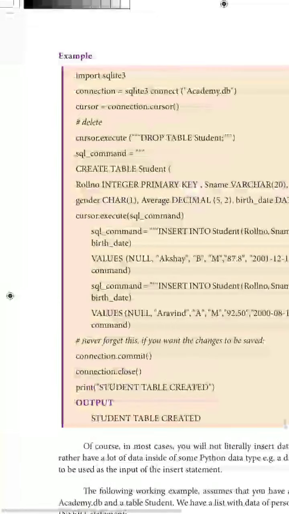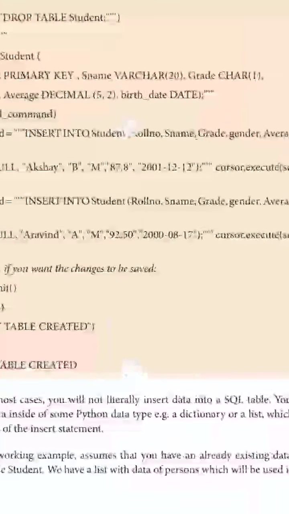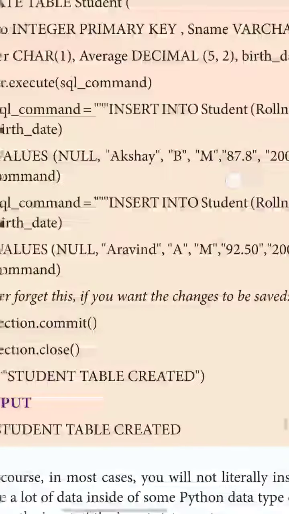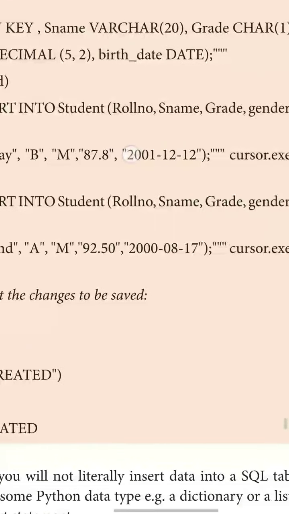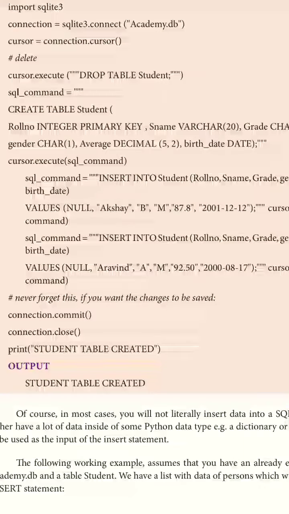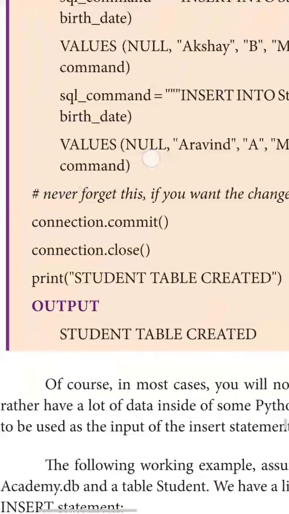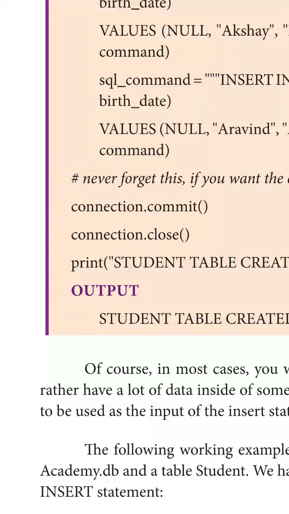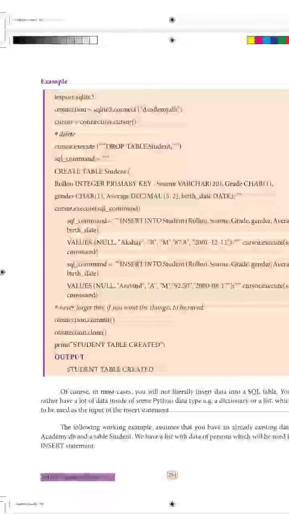This will create the table, and this SQL command will insert a row inside this table. After that they are committing, which means ensuring that all the changes done in the database are stored properly, and closing the connection. So this is the example program for interacting SQL commands with the Python program.